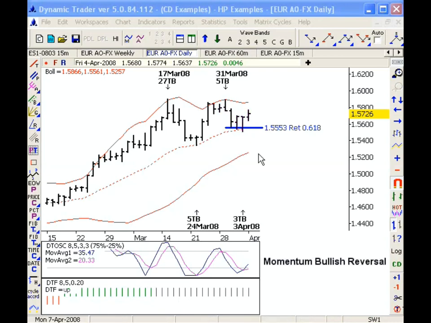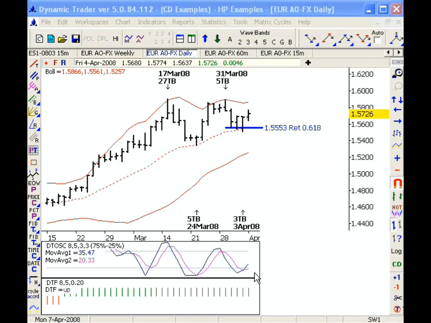And as we see, as of the last bar in the chart, the DT oscillator momentum, which is a combination of stochastic and RSI, has also made a bullish reversal from the oversold zone. So based on momentum and trend following and volatility and price and time, we'd want to be looking for a long trade, for a trade that would probably be long for at least several days.